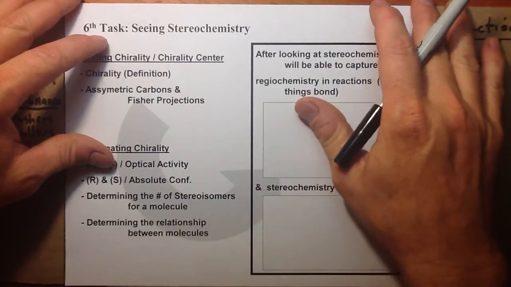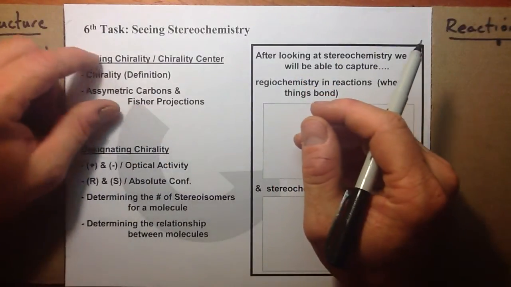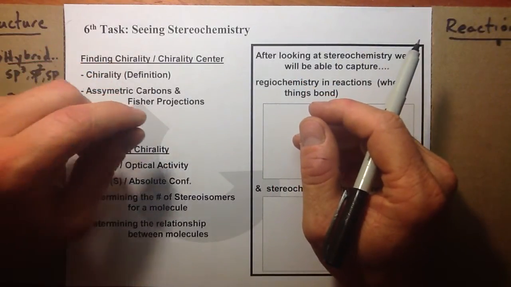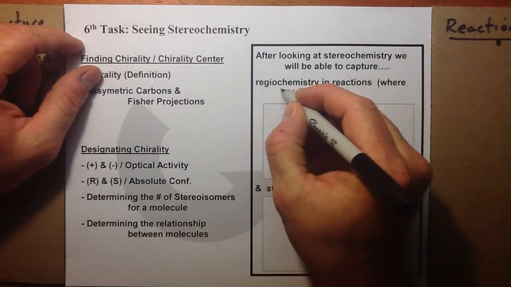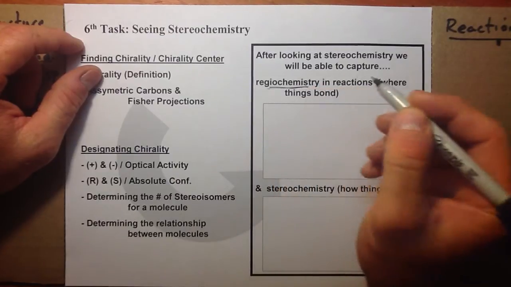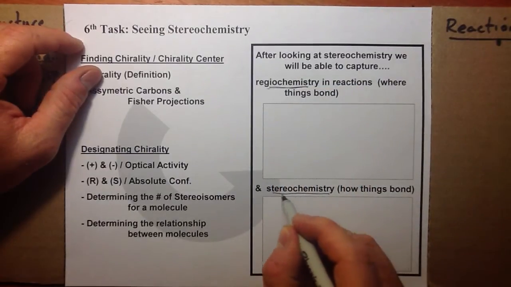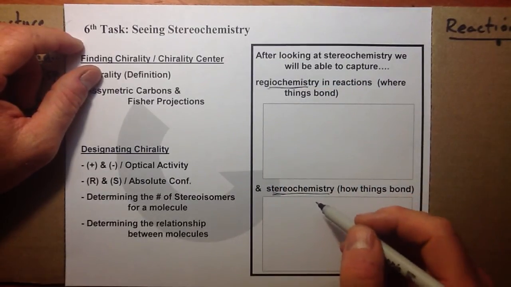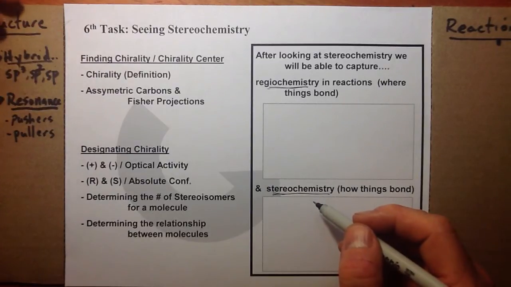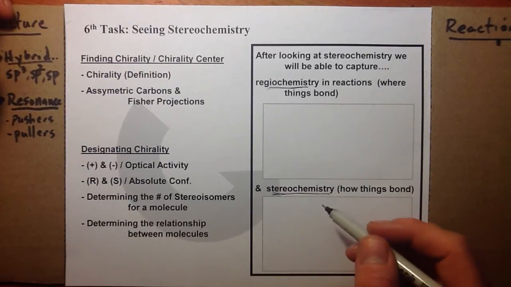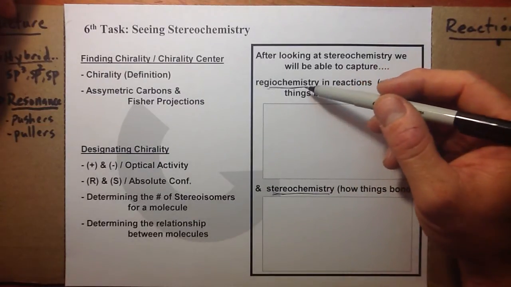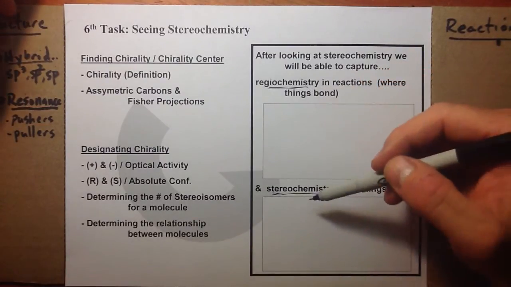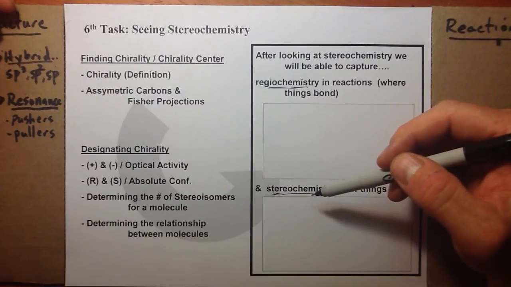So things that are bonded not just to a particular site, but to that particular site in a particular way. So we talk about where they're bonded. I'm just going to talk about regiochemistry a little bit, but we also talk about stereochemistry of reactions, of compounds. These are very important terms, the regiochemistry of a molecule and the stereochemistry of a molecule.